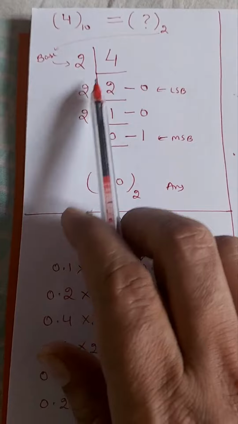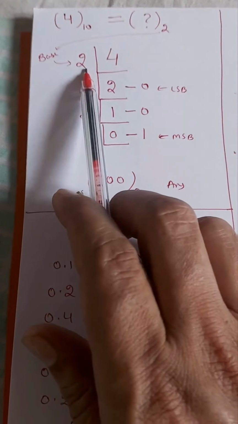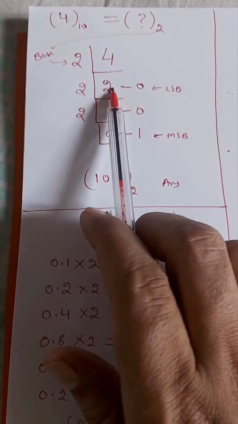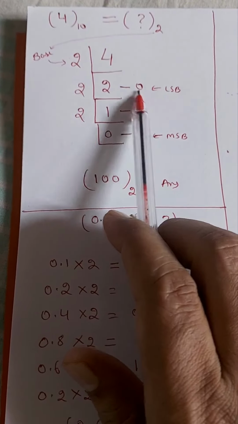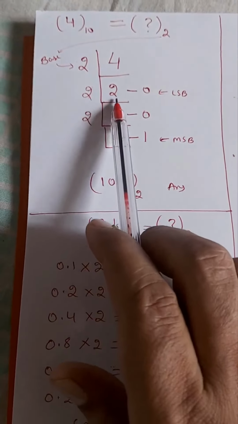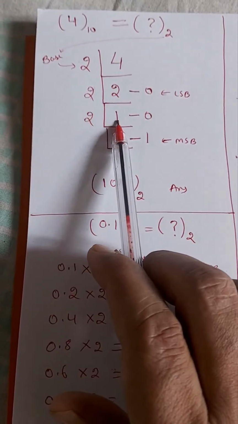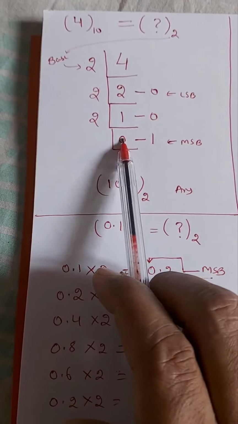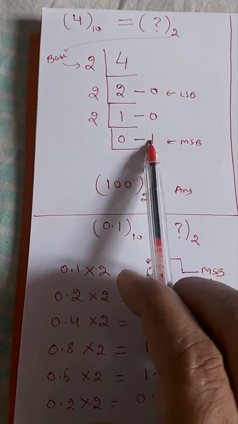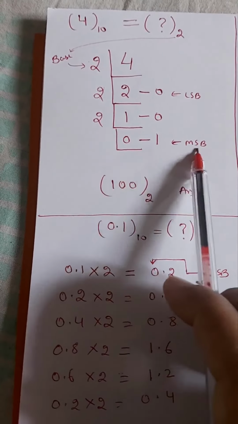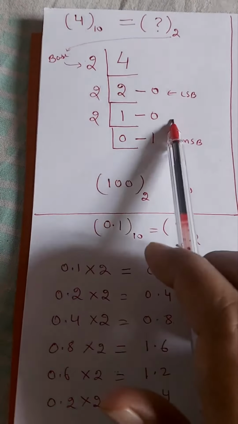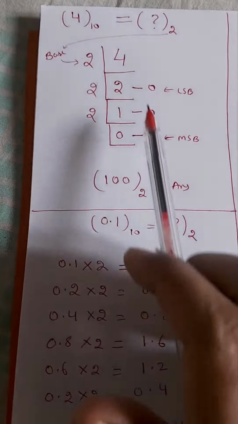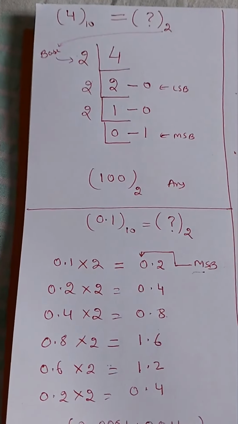We divide this number by 2, which divides exactly and gives remainder 0. Then 2 again divides this number, giving remainder 0. Then 2 tries to divide 1 but the remainder remains 1. So we arrange these remainders in this fashion and get the binary equivalent. So this is another way of representing numbers.